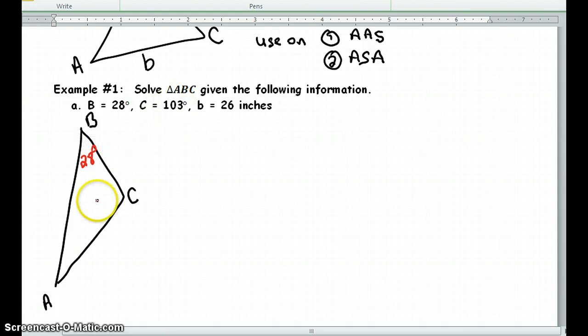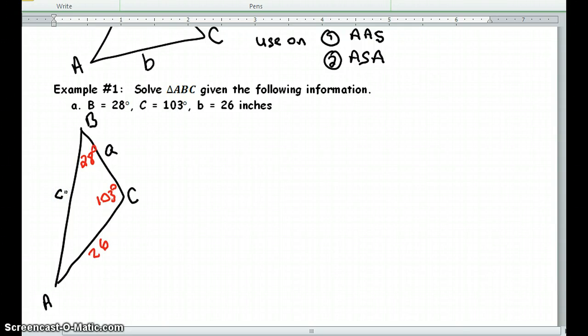I know angle C is 130 degrees. And I know b is 26, which goes across from angle B. All right, and then I'll go ahead and label this side as a and this as c.